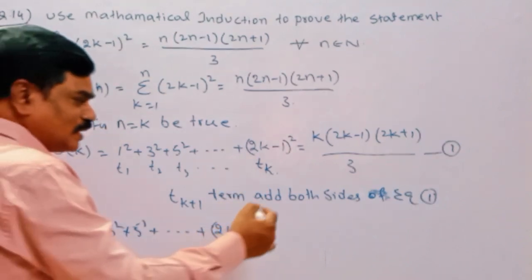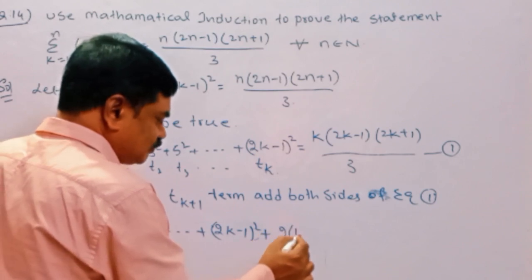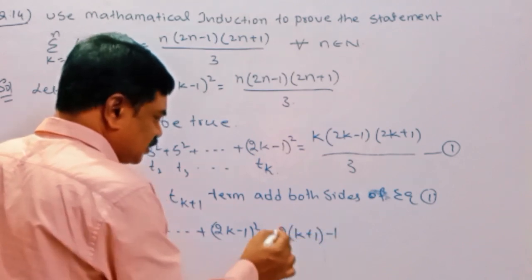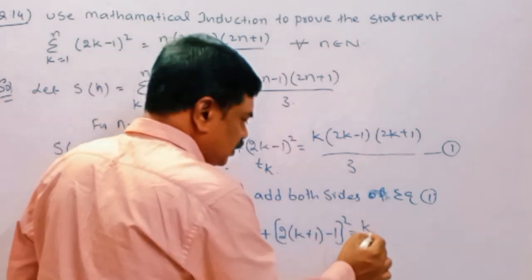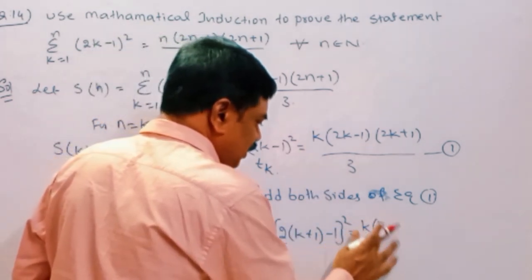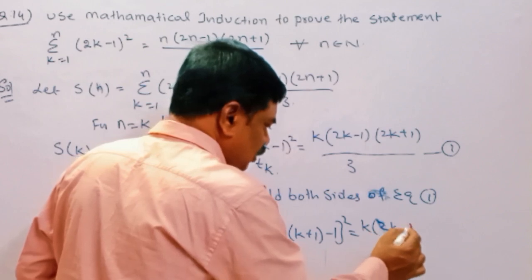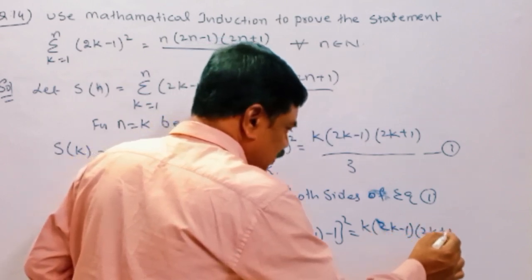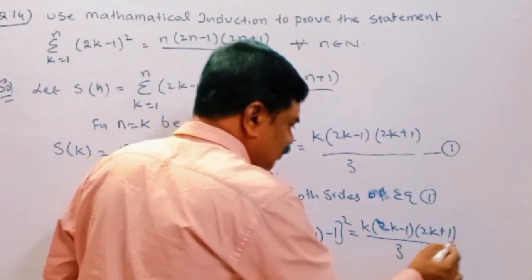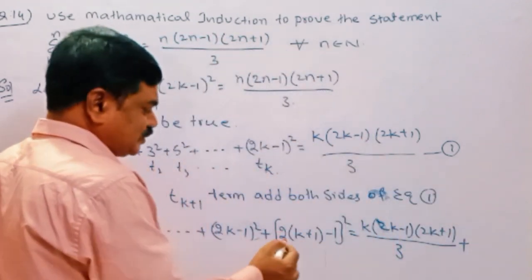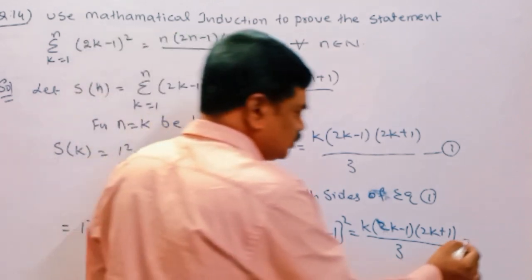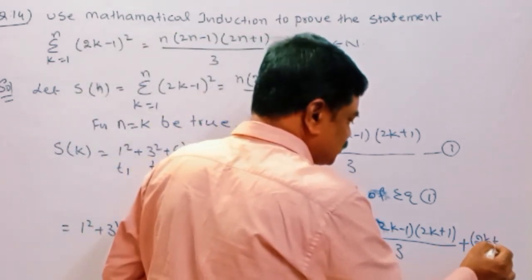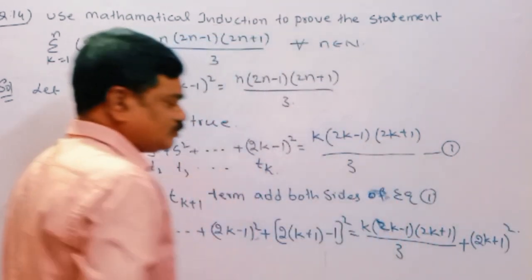What is the (k plus 1)th term? (2 of k plus 1 minus 1) whole square, is equal to k(2k minus 1)(2k plus 1) by 3 plus this one. This is 2k plus 2 minus 1, so (2k plus 1) whole square.